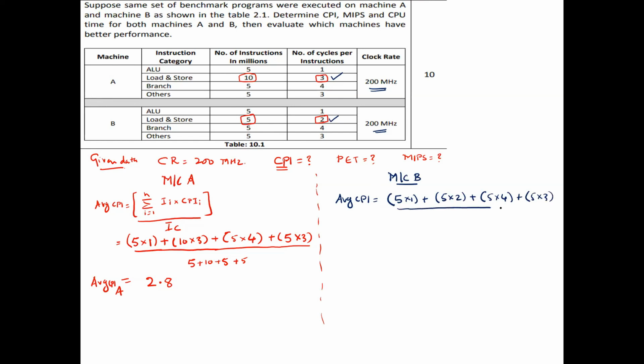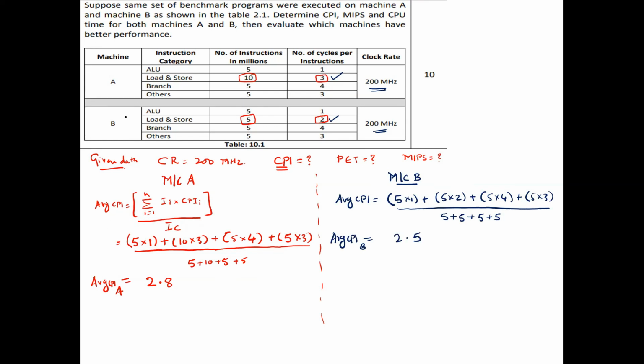And how many total number of instructions we have? 5 plus 5 plus 5 plus 5. Can somebody help me to get that value? It's 2.5, sir. So I will write here average CPI for machine B is 2.5.